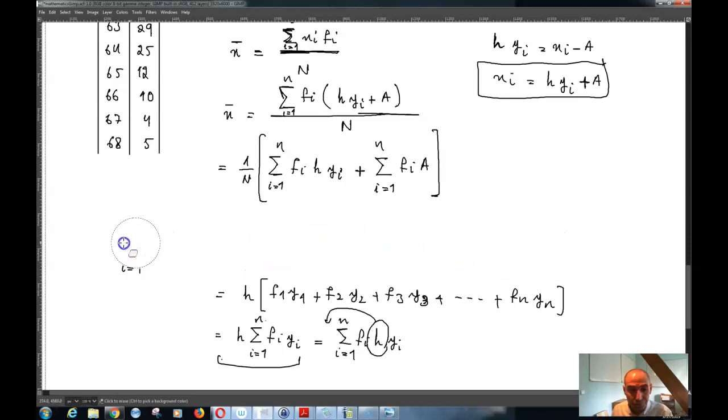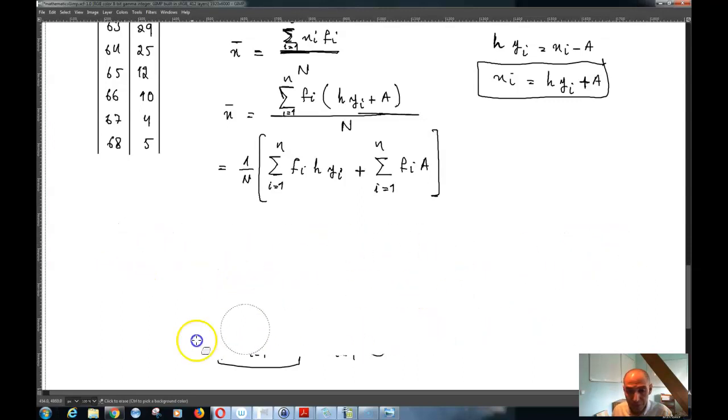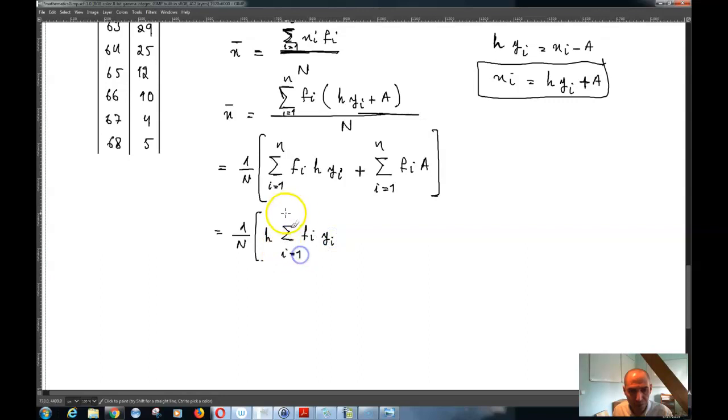So what that means is that I can take this h out, or this a, out. So I can write it as 1 over n, and over here I can write h times sigma f of i y of i as i goes from 1 to n, plus a times sigma f of i as i goes from 1 to n.